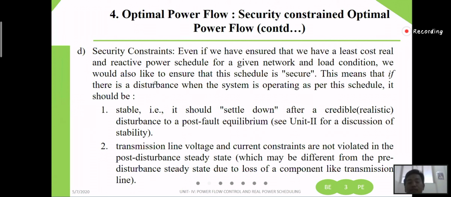Somebody will not opt for your service because it is not reliable, so they will go to the higher-priced one, which is secure. This means that if there is a disturbance while the system is operating as per schedule, it should be stable. That means it should settle down after a credible disturbance to a post-fault equilibrium.